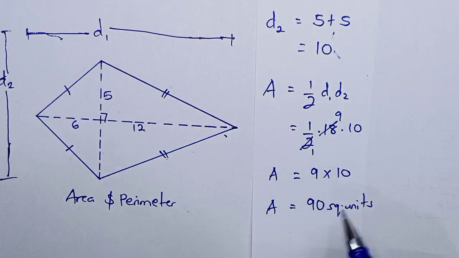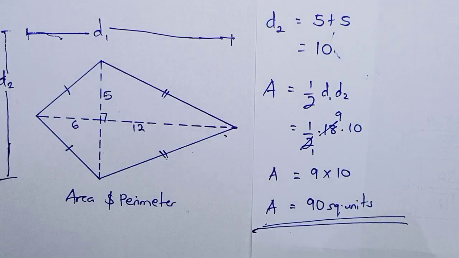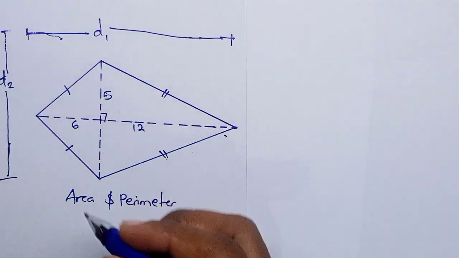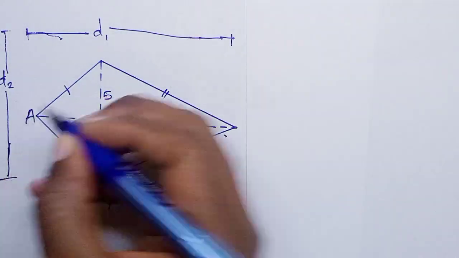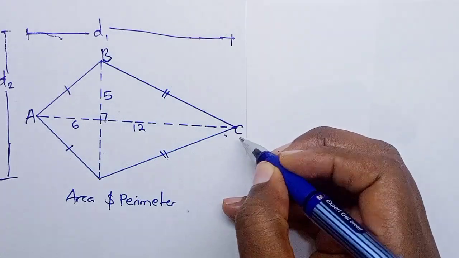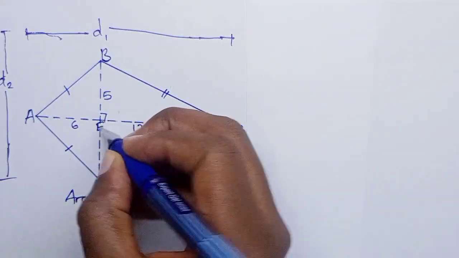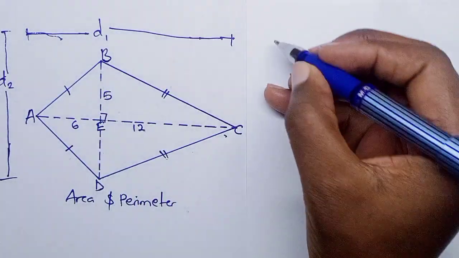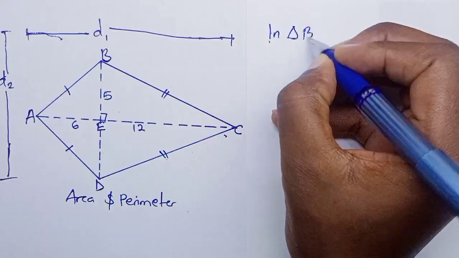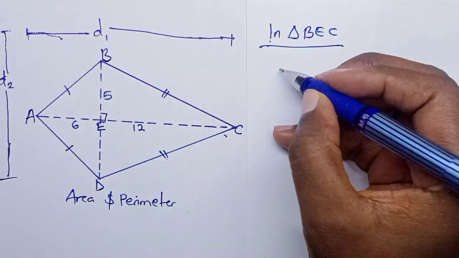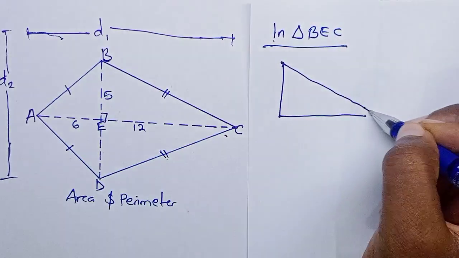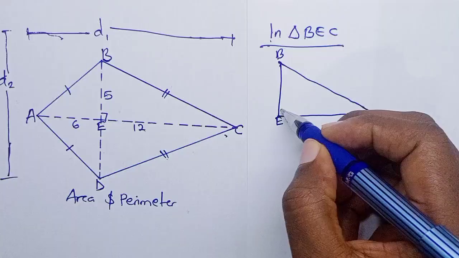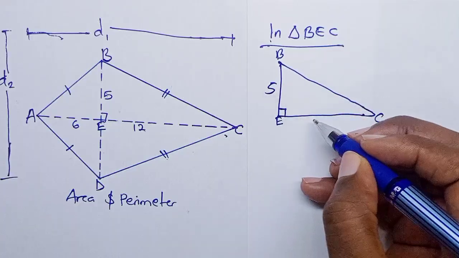Now we are done finding the area of the kite. Let's move on to finding its perimeter. So first, let's label the points of the kite. Let this be A, B, C, D, and this point E. Now, considering triangle BEC, since it's a right angled triangle, this is B, this is E, this is C, this is 90 degrees, this is 5, and this is 12.